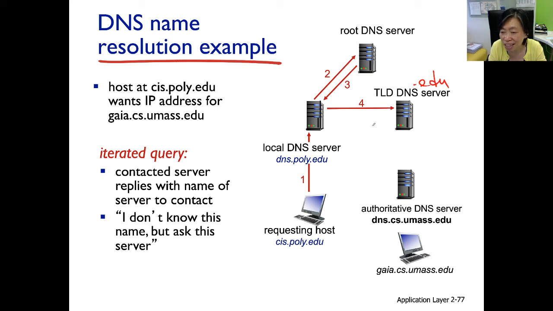The TLD DNS does not know the IP just yet, but the top level domain DNS does know the IP address of the authoritative DNS server, so that will be sent back. And the local DNS server sends the query the third time to finally the authoritative DNS server. And finally, the IP address for Gaia.cs comes back to the local DNS server. The local DNS server forwards that back to the requesting client and everyone is happy.